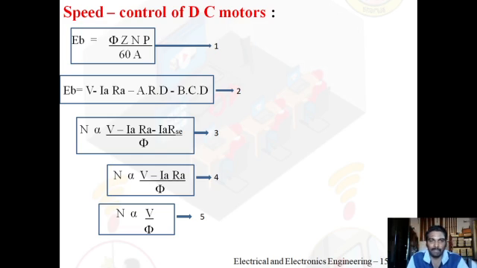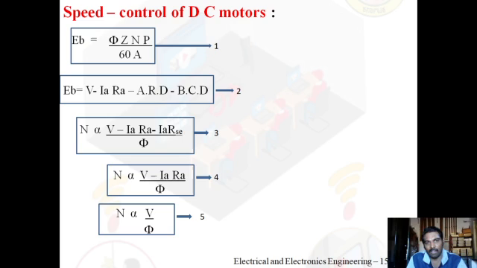and Z is the number of armature conductors placed in the armature slots, N is the speed of rotation of the motor represented in RPM, P is the number of poles, A is the number of parallel paths, which is related to the way in which the winding is connected.